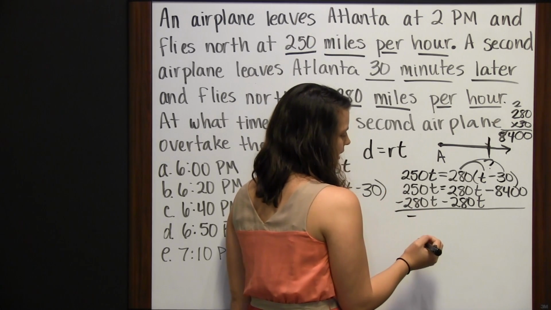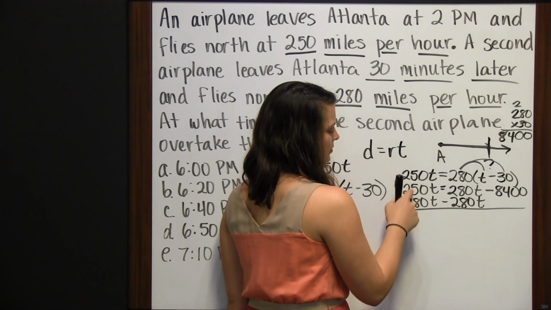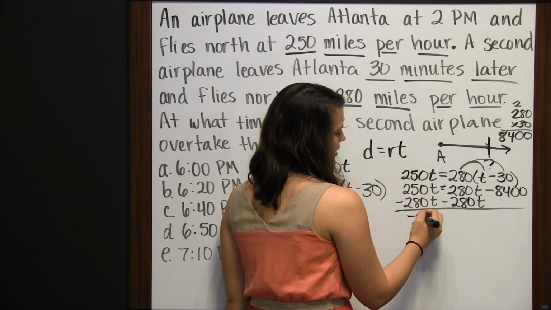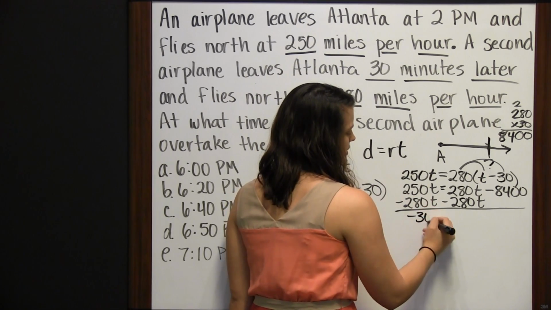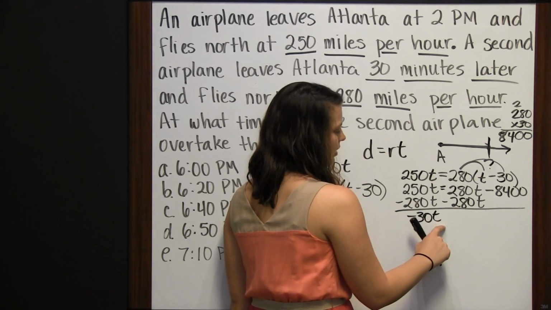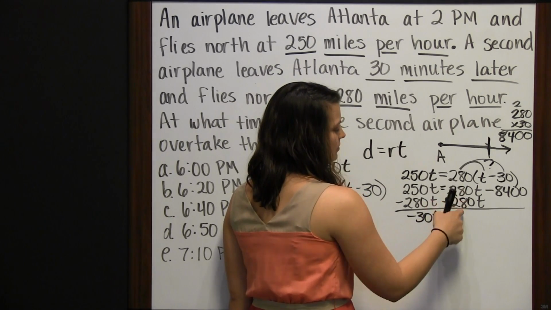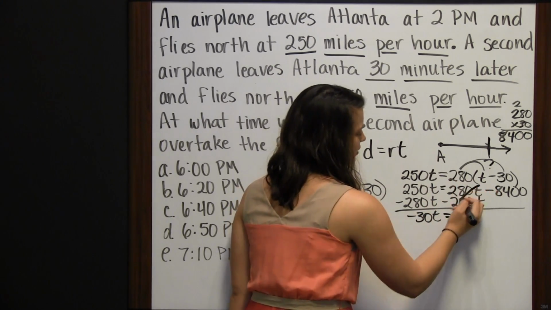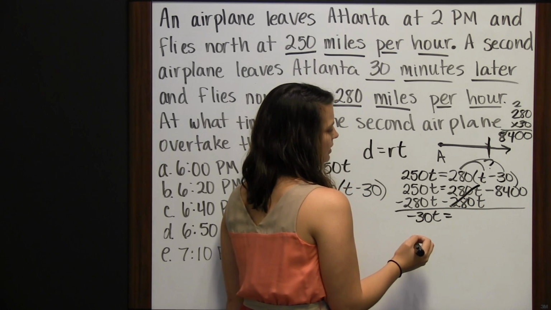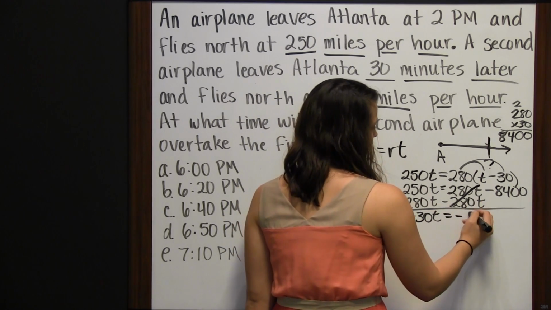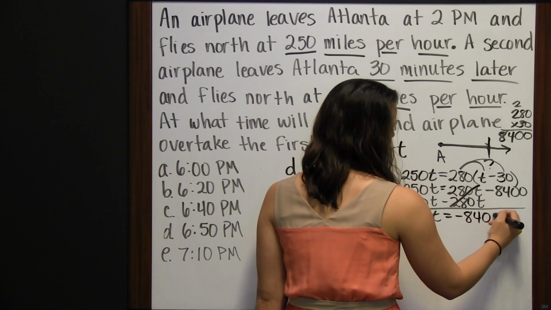So I'm going to end up with a negative. And the difference between 280t and 250t is 30t. So negative 30t equals, and by subtracting this 280t, I've actually canceled that term on the right side. And I'm left with negative 8,400.